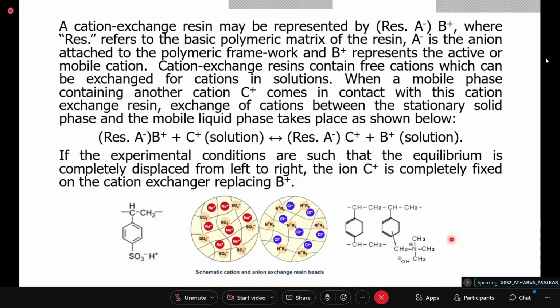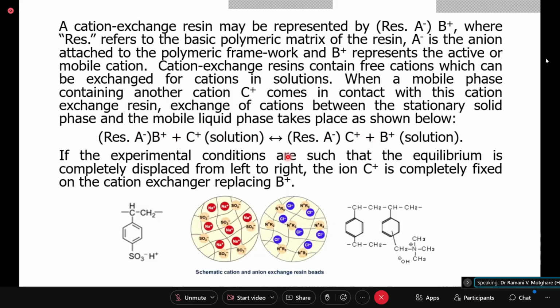Okay, so for the exchange capacity, you can write this polymeric matrix as resin A minus, that is SO3 minus, and B is your counter ion, here it is sodium. If water flows through the ion exchange bed, say C plus is the cation present in water, and when it flows through the resin, the exchange takes place between B and C. B is released and C is retained.